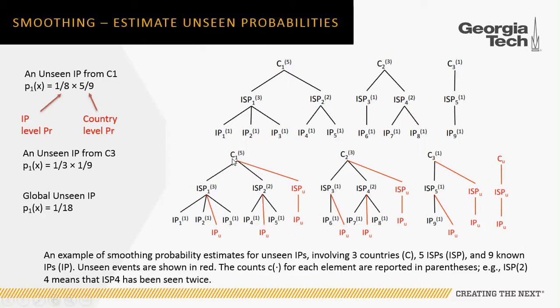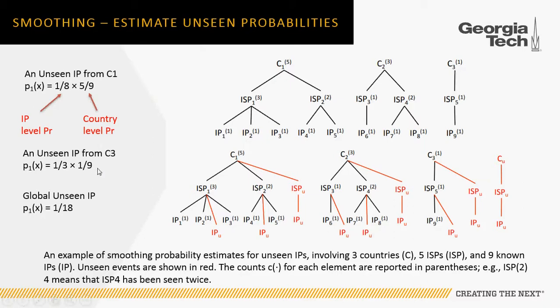And we look at the country level. This country happens more frequently, but the total country count is 5 plus 3 plus 1, so it's 9. So the country level will be 5 divided by 9, and you multiply them together to get the probability of this unseen IP.